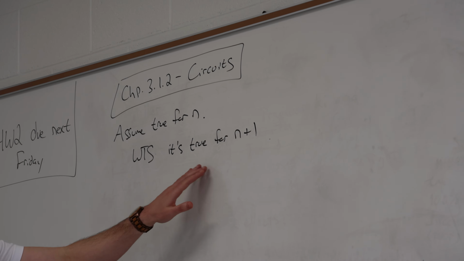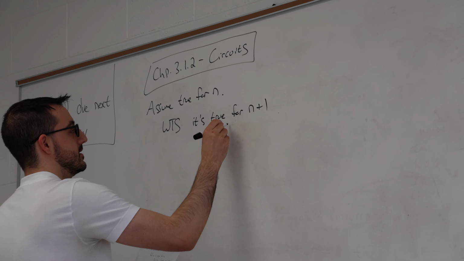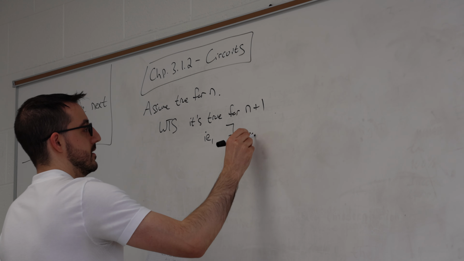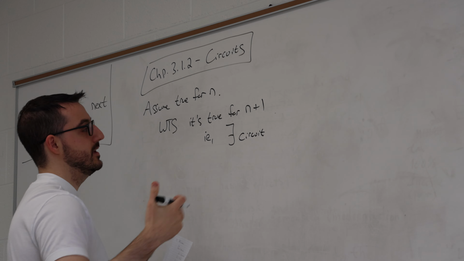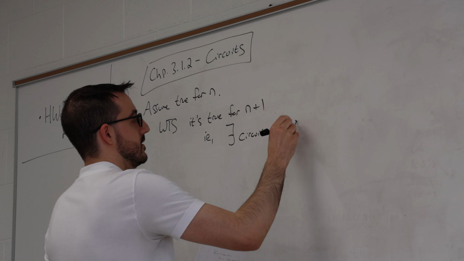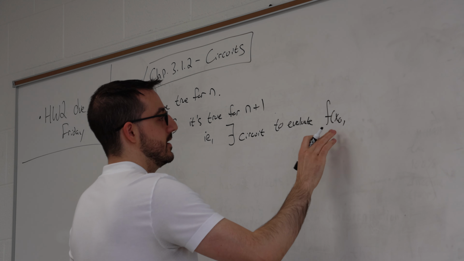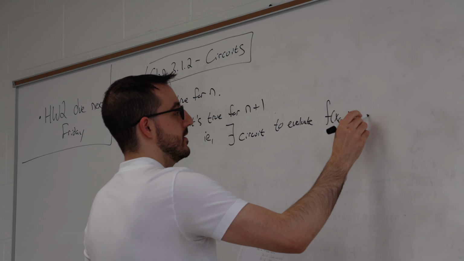What does this mean? This means that we want to show that there exists a circuit using only these gates in our gate set to evaluate f, which I'll write as f of x0 and then x1 through xn.